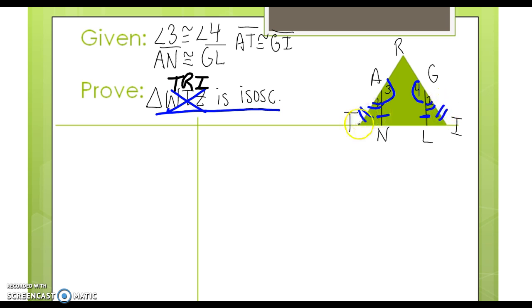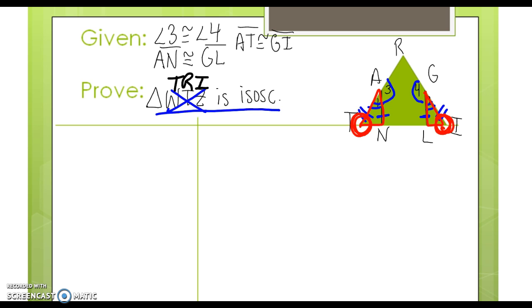So hopefully you can see that these two red triangles are congruent by side, angle, side. See the sides, the angle, and the side. And if those are congruent, we know all of their corresponding parts are congruent. So that's going to lead me to angle T and angle I. And if those are congruent, then this entire triangle is isosceles. So that is the game plan.